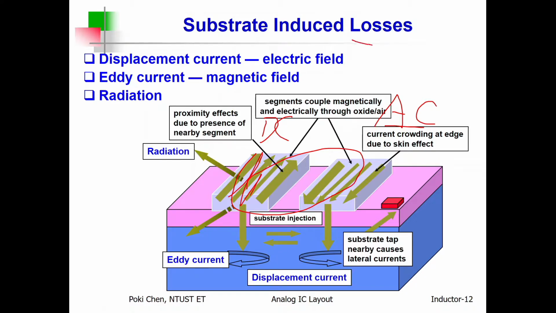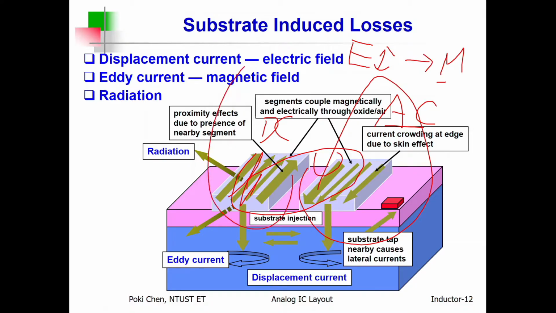So as I mentioned, according to Lenz's law, the variation of electrical field will induce some kind of magnetic field. So for such kind of magnetic field, you have variation also for such kind of magnetic flux.